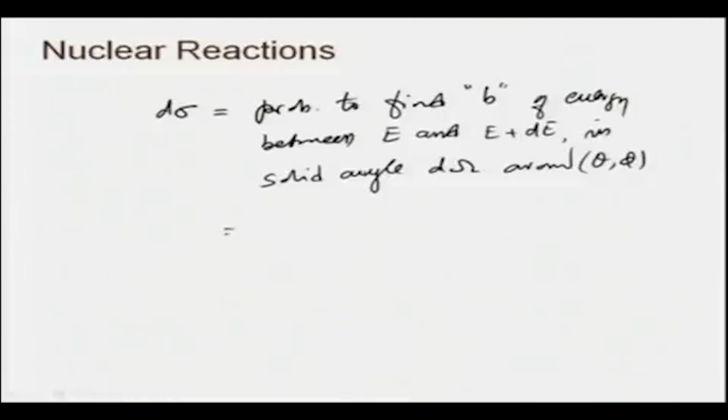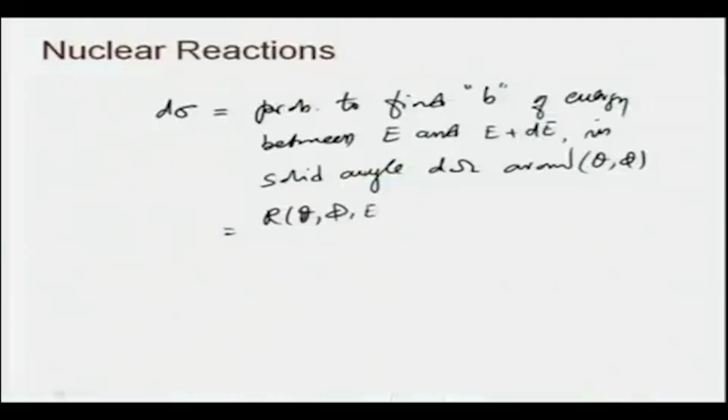This then can be written as r theta phi E, where we are counting only the particles of type B coming out with energy E, divided by f n.